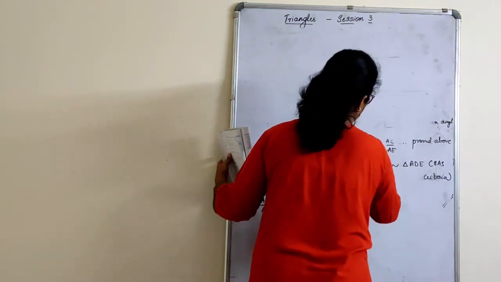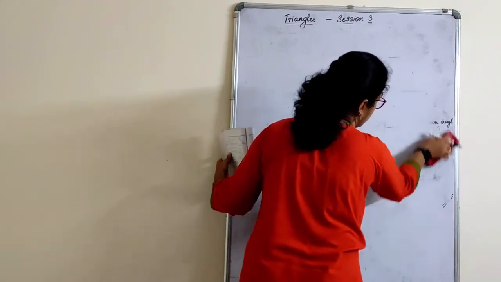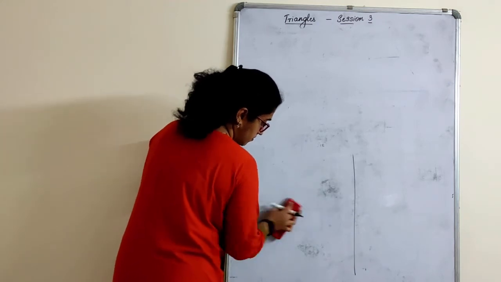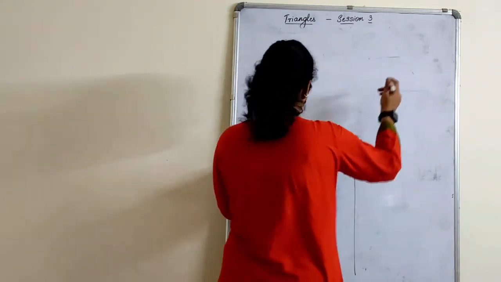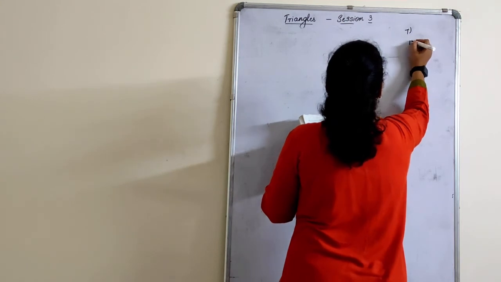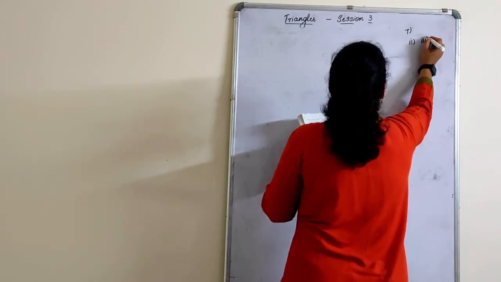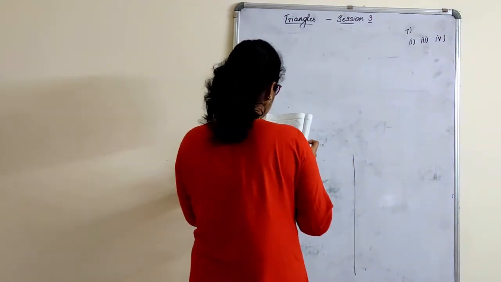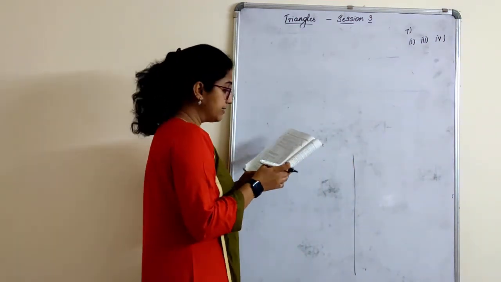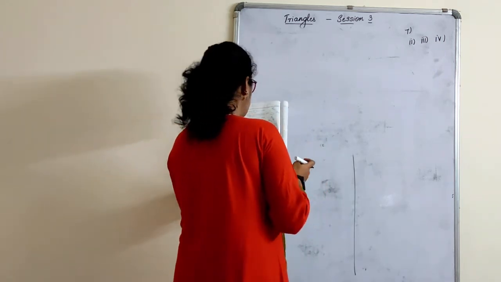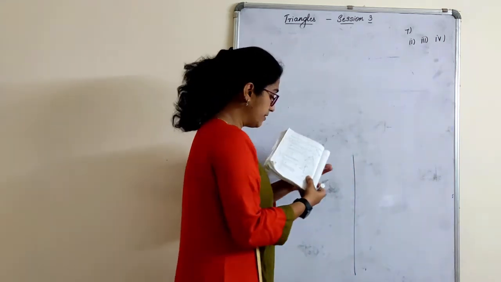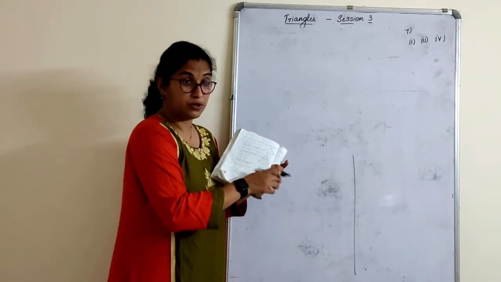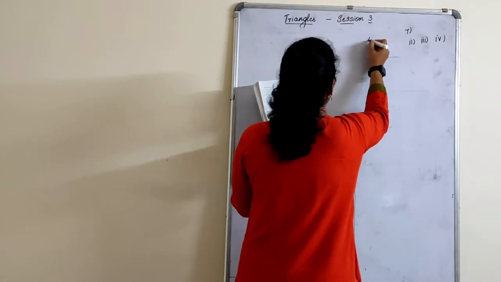In the seventh question, the second one, third one and fourth one are for homework. Altitudes they have given. Altitude is nothing but 90 degrees. So in the figure, altitudes AD and CD. So be very careful, children. The question is given here and the figure is given here. Right? It is not the next figure only. Draw this.